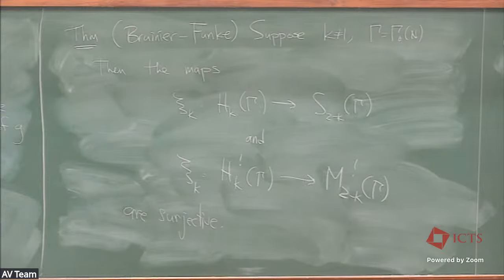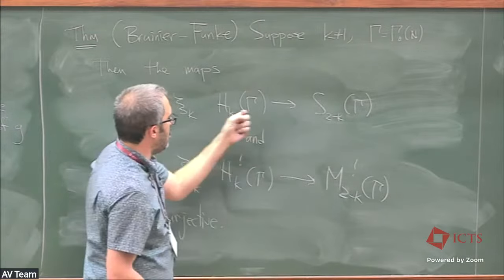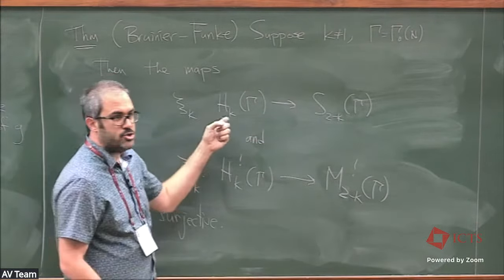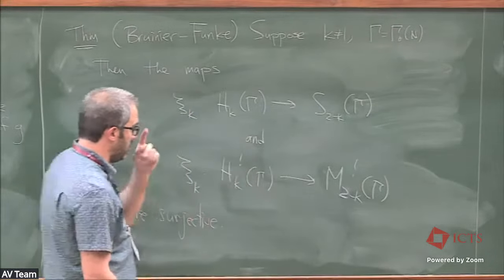So in other words, if you have a favorite cusp form, then there does exist a harmonic Maass form whose shadow is your favorite cusp form. And the same is true for weakly holomorphic forms.